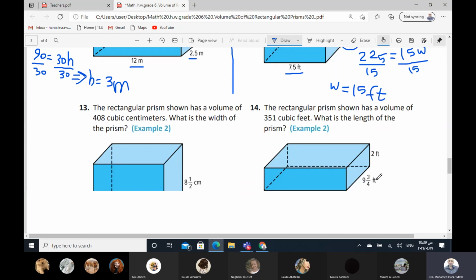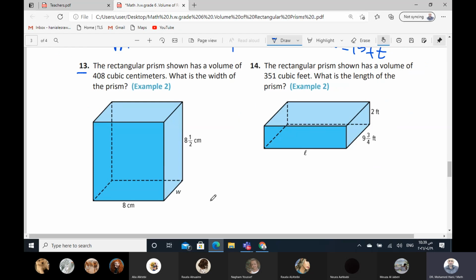Okay, who can read exercise number 13? Miss, can I read it? Okay, Moza.